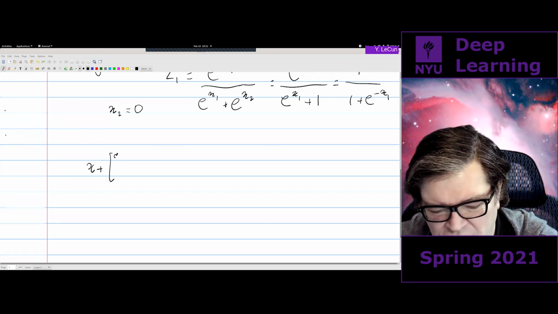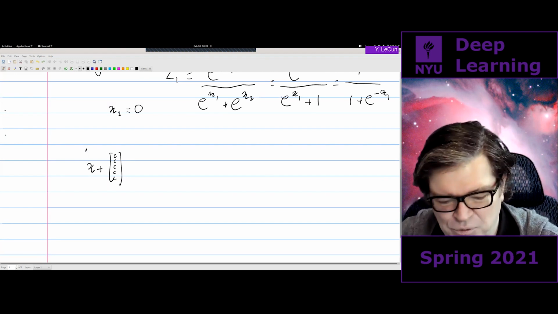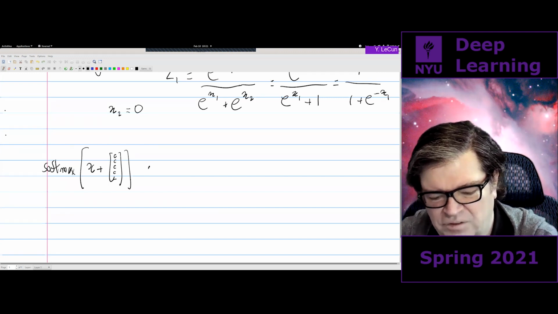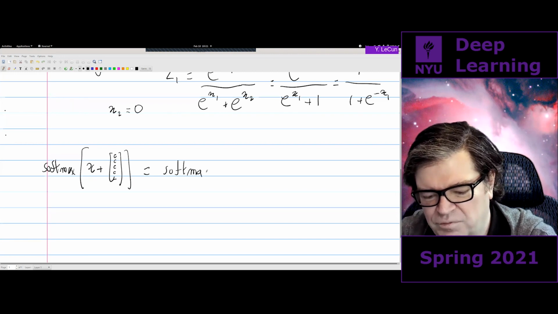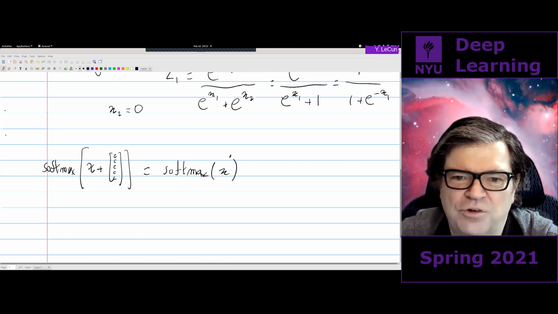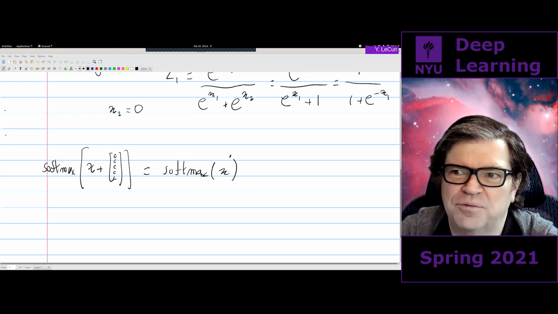So let's say I add c to all the components, and I compute the softmax of that. This is actually equal to softmax of x. So take a vector x, add a constant to all the inputs, and it makes no difference to the output.